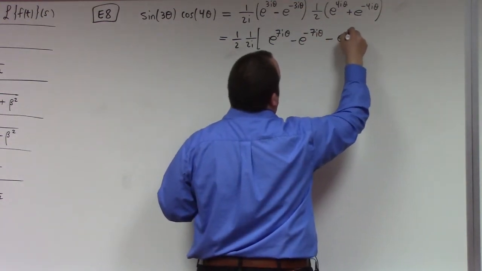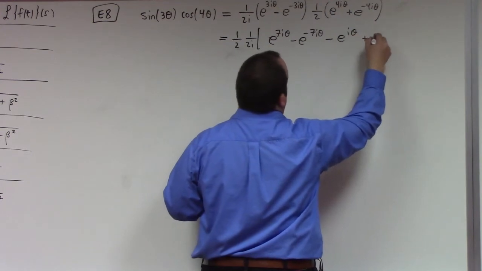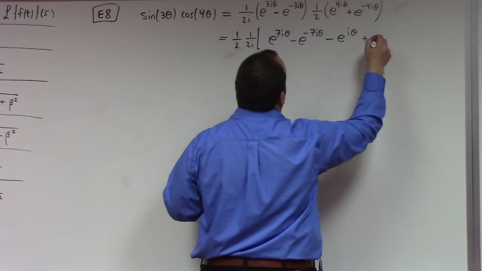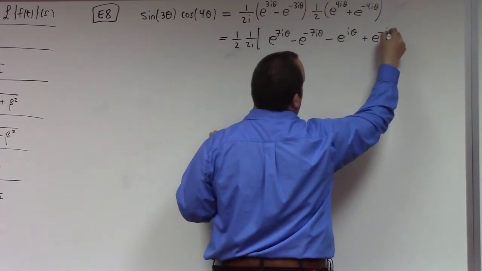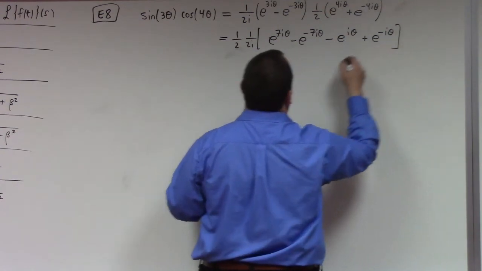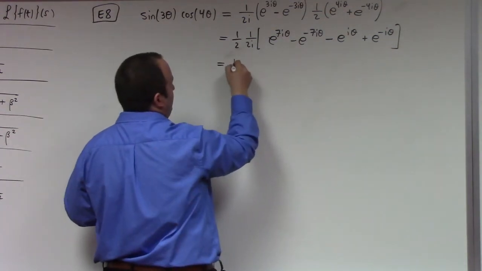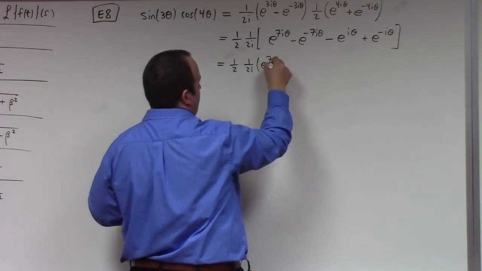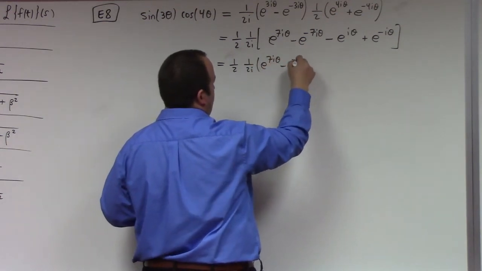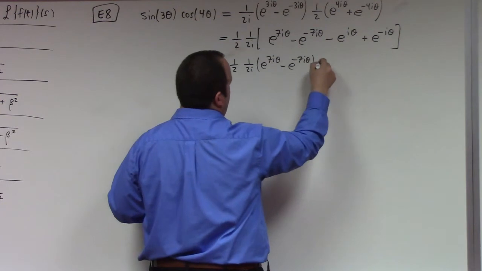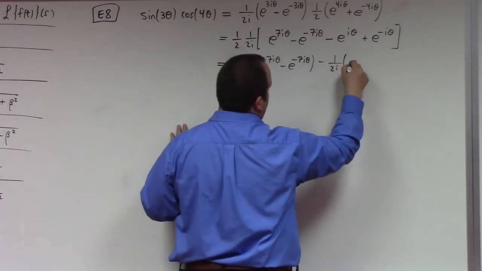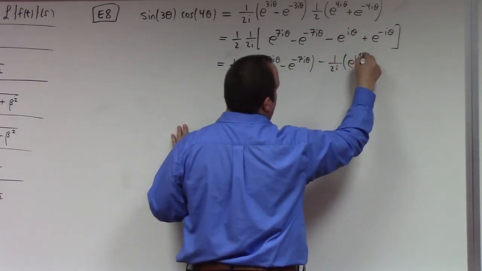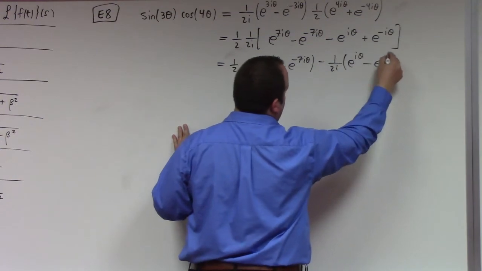Minus e to the i theta plus e to the minus i theta. Or I could rewrite this: 1/2, 1 over 2i, e to the 7i theta minus e to the minus 7i theta, minus 1 over 2i, e to the i theta minus e to the minus i theta.